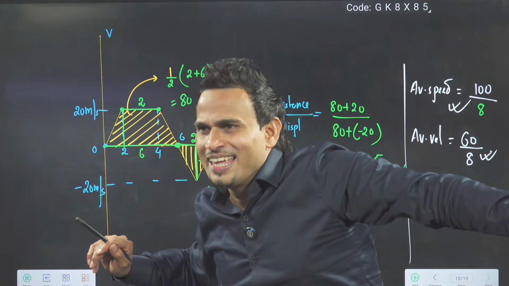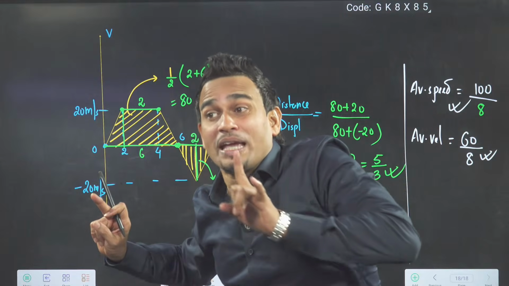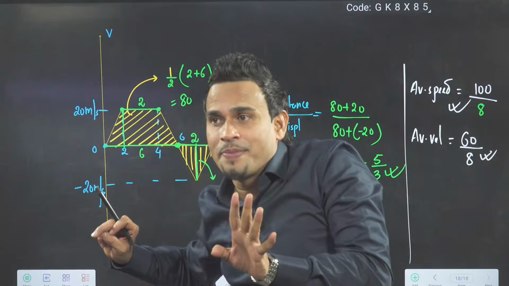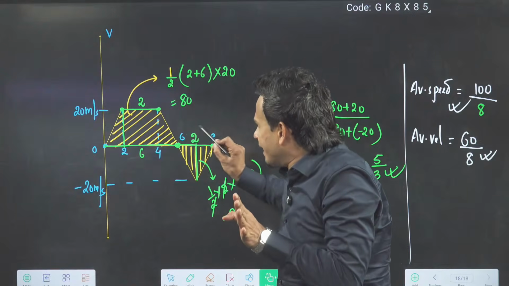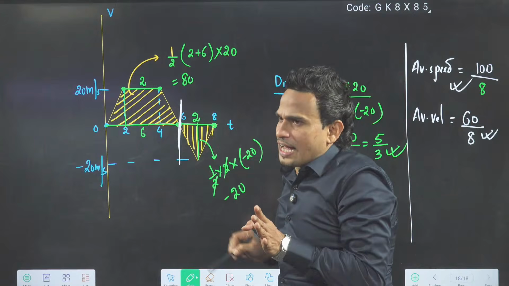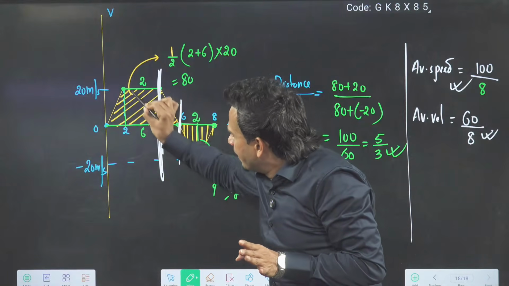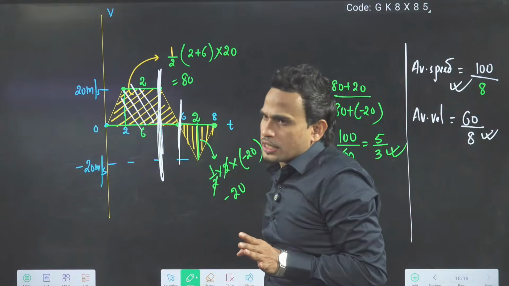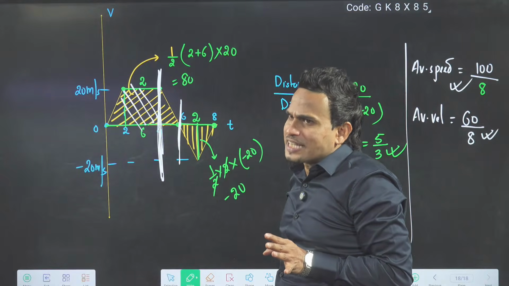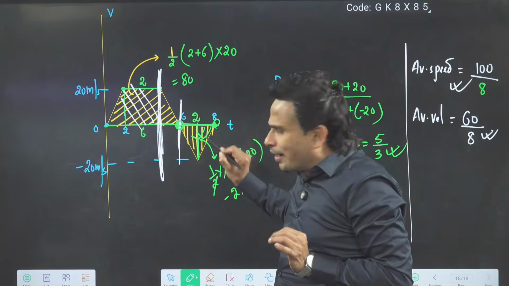No. If they ask for total time of 8 seconds, that's why in the beginning I mentioned total time. If they ask you for 6 seconds, calculate area only up to 6 seconds. If they ask for 4 seconds, find area only up to 4 seconds. If they ask from 6 seconds to 8 seconds, then only calculate that.